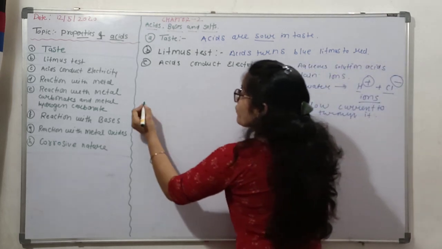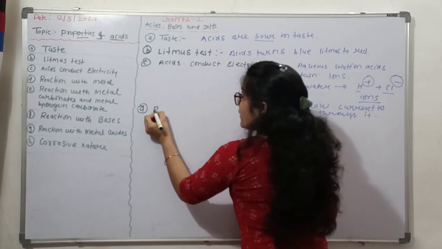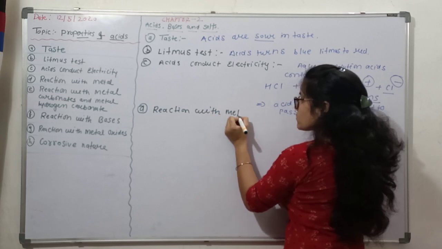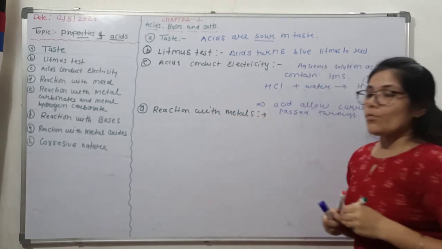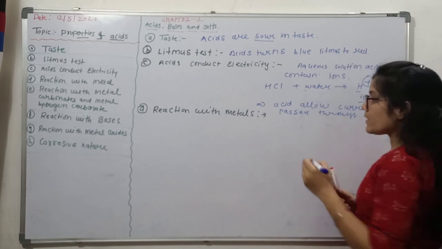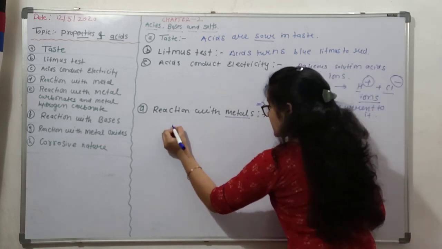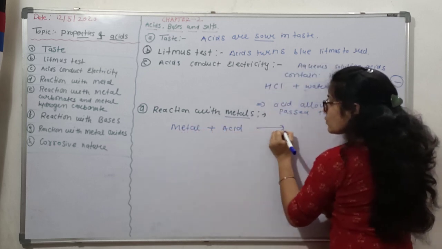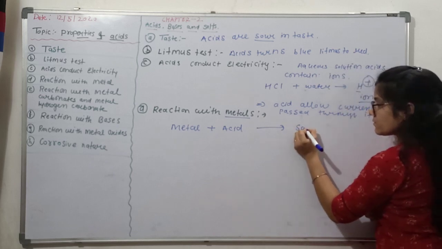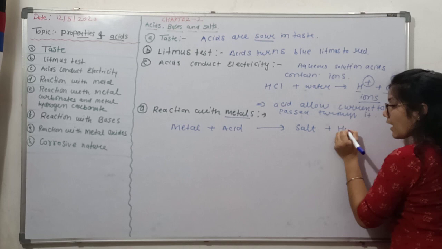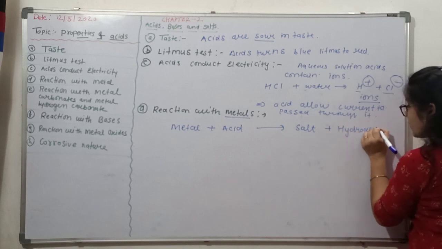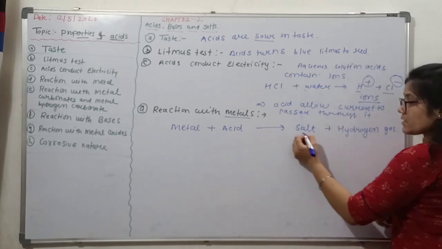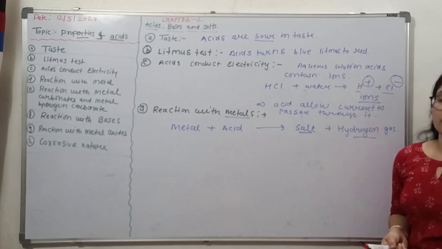Now the fourth property of acid is reaction with metals. When acids react with metals, any metal, then acid gives a salt and hydrogen gas. Remember, when acid reacts with metal, it gives a metal salt and hydrogen gas evolves.